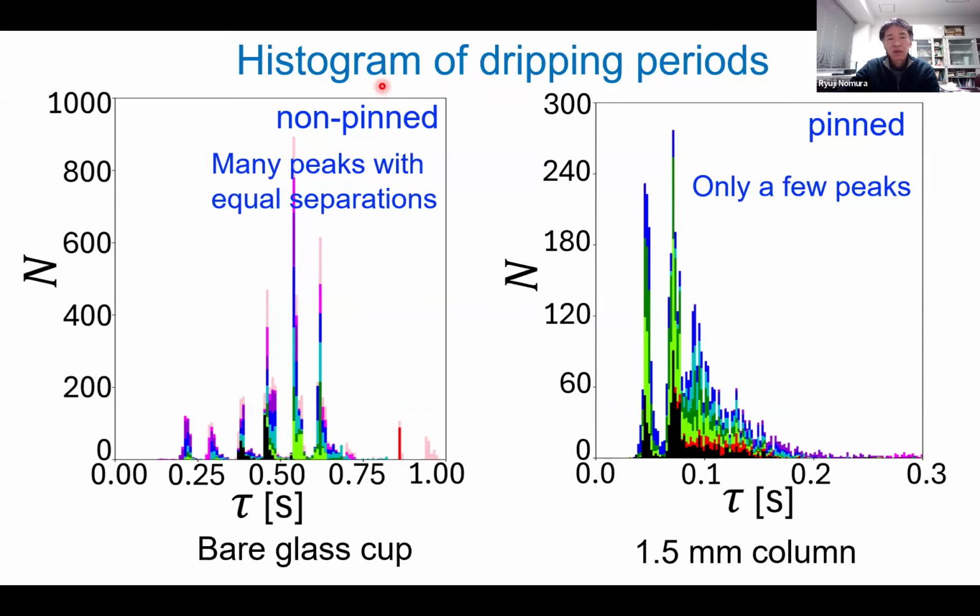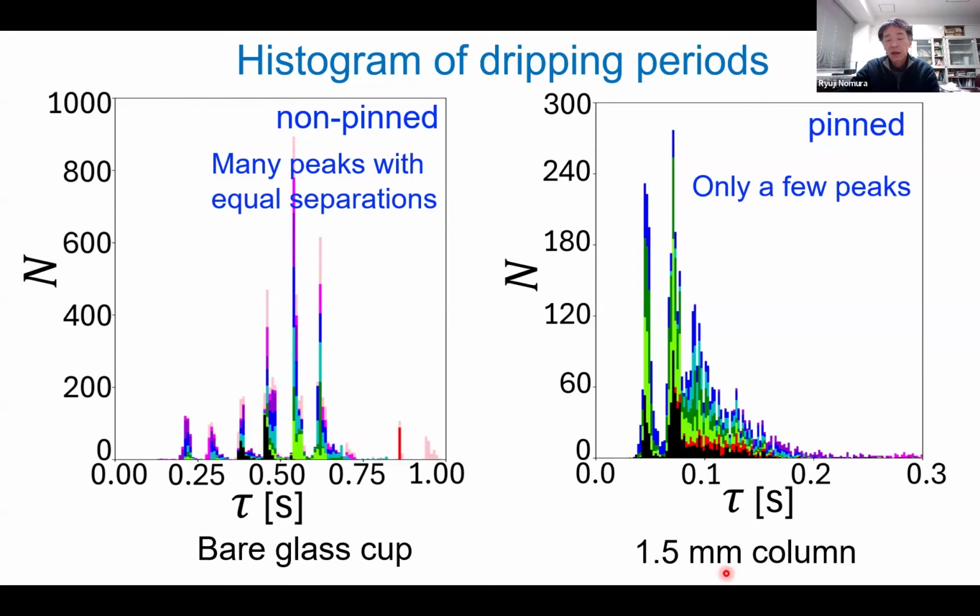So again, I'll show the histogram to compare these two. For the bare glass cup without a column, the edge of the droplets is not pinned. They can freely move. And you see many peaks with equal separation in the distribution of the dripping period.